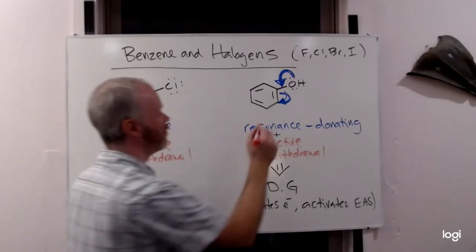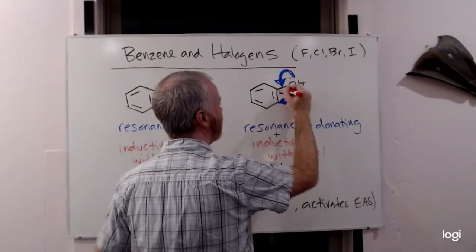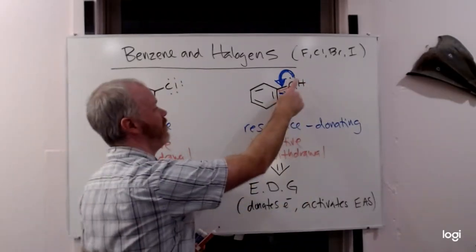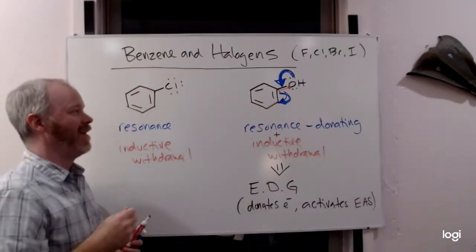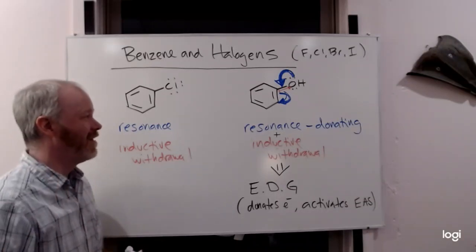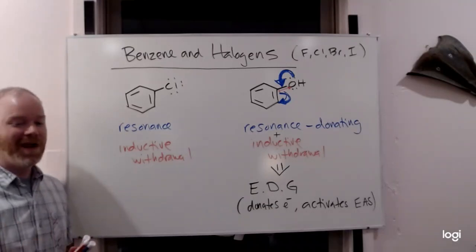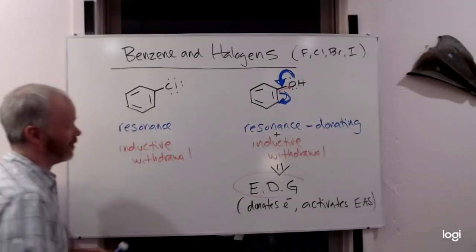I do have inductive withdrawal, so this is a more electronegative atom, so it should be pulling electrons away at the same time, but the sharing through resonance is generally a stronger effect, right? So that electron donation through resonance donates electrons, pound for pound stronger than inductive withdrawal. So it outdoes it in this case. So then overall, you end up with a donating group, right?